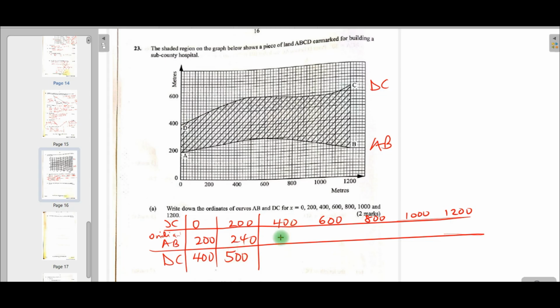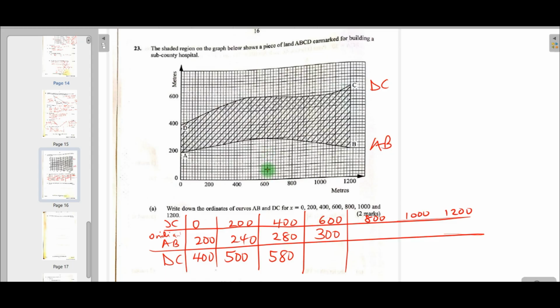Then when x is 400, the ordinate for AB at this particular point is 280. For DC, that is 580. When x is 600, the ordinate for curve AB is 300.